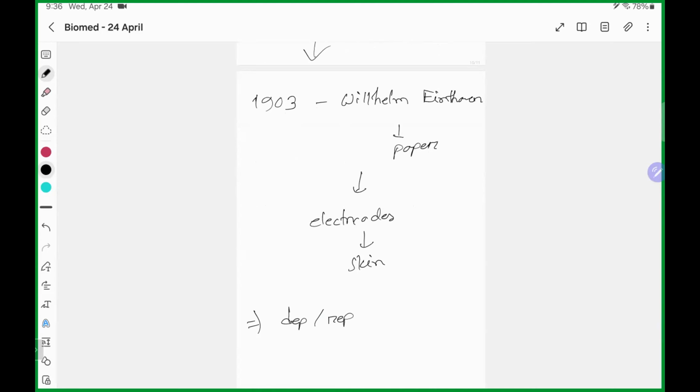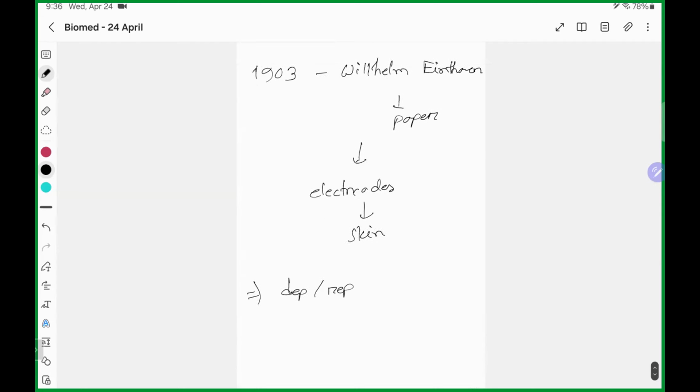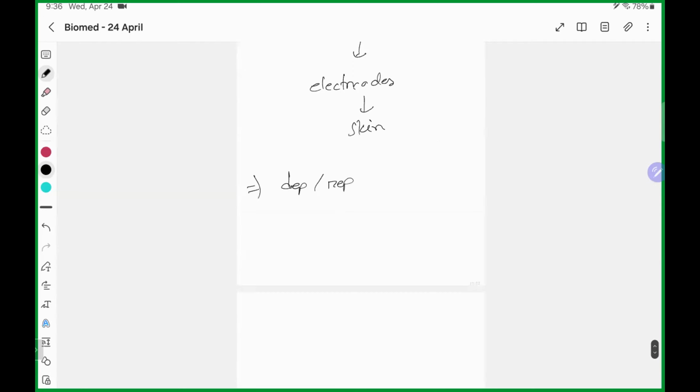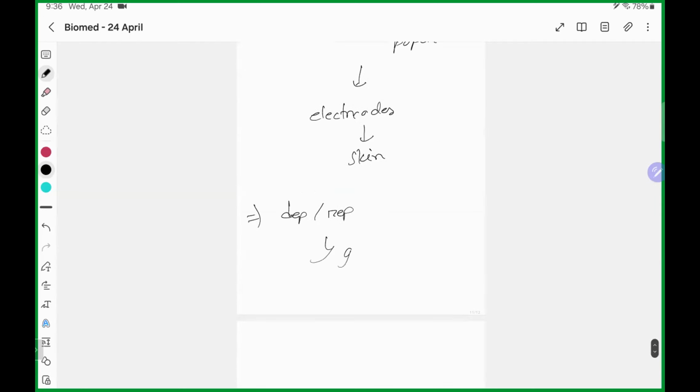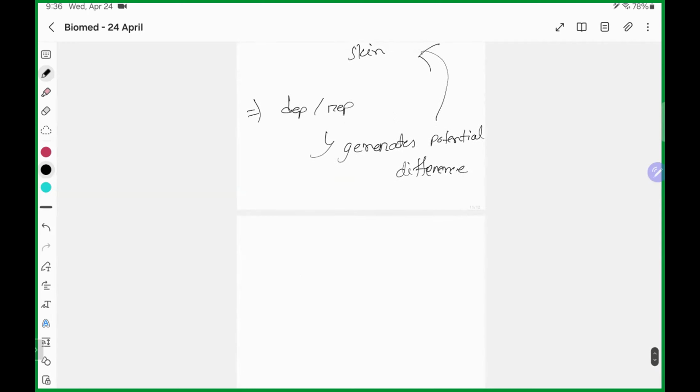Because of that, the contraction is happening, and the contraction is forcing blood from one chamber to another. So this is something measurable. This repolarization generates the potential difference, and that is what we are measuring through these electrodes. So this is the electrical activity, and if we try to put it here, it looks something like this.